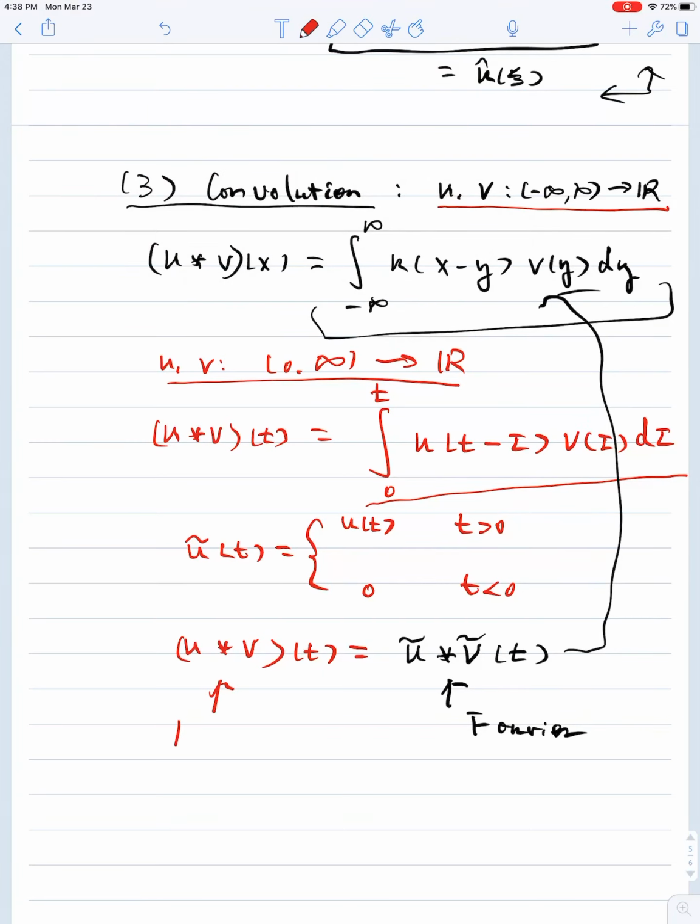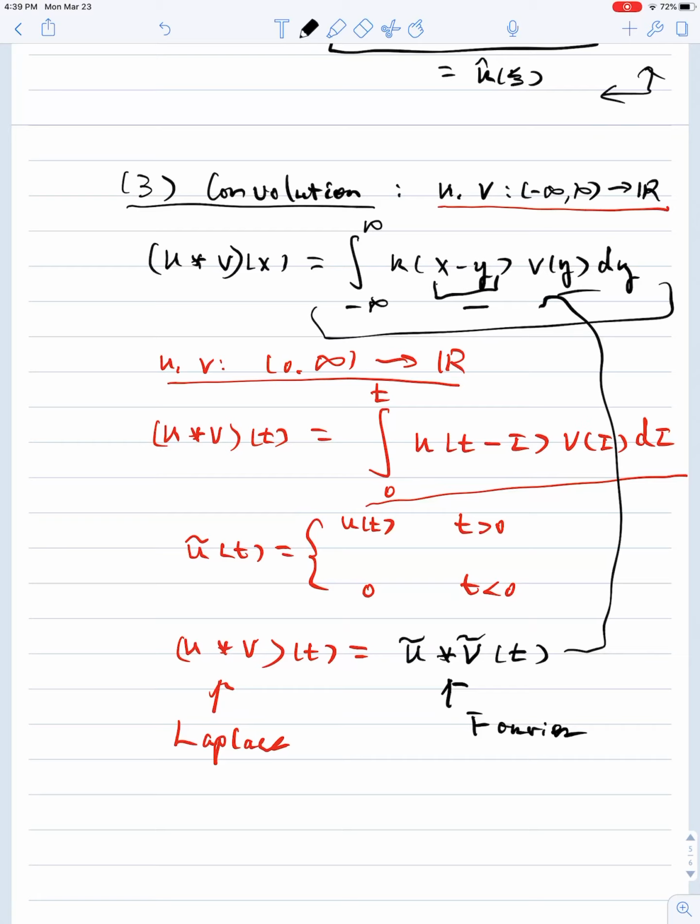The reason is that in this formula, if y is greater than x, then x minus y would be negative, and u tilde would be 0 on the negative real line.